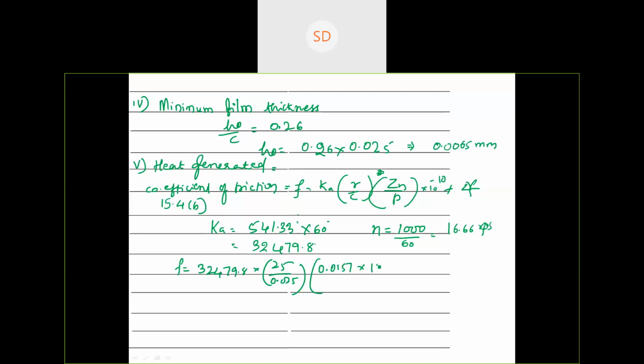Okay, N is 16.66. P is 2 megapascal, okay, into 10 to the power of minus 10 plus delta f.